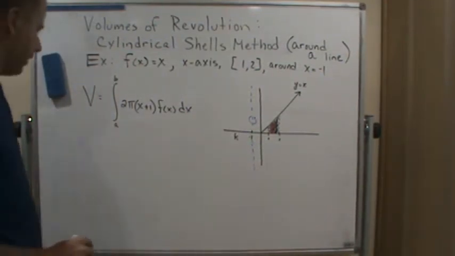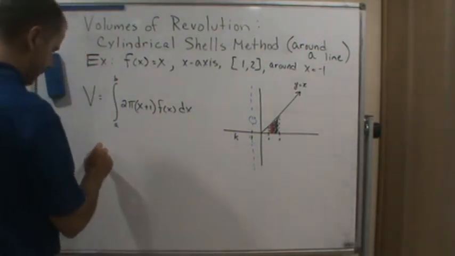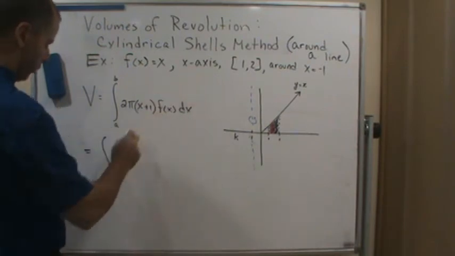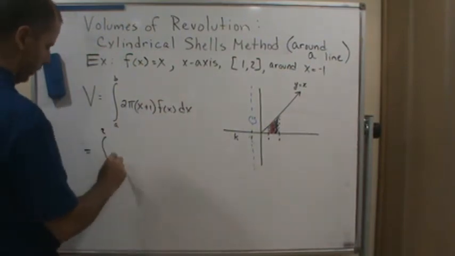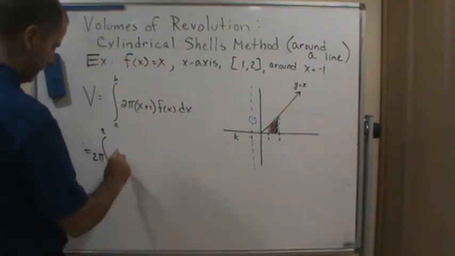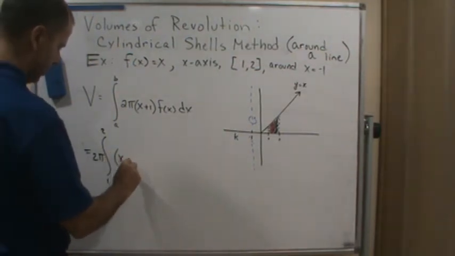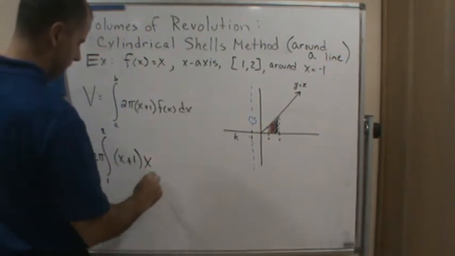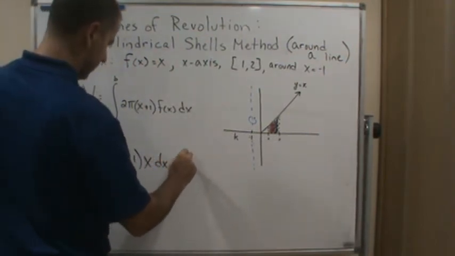So now let's fill in the stuff we know. We're going to go from 1 to 2. I'm going to pull out 2 pi, and this is going to be x plus 1 times f of x, which is x, dx.